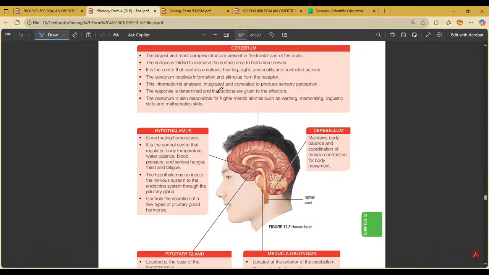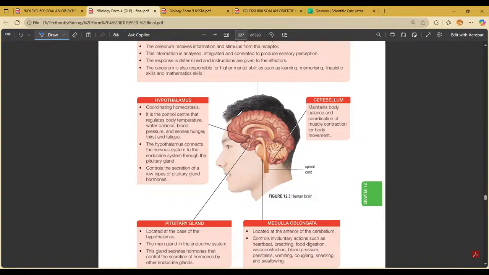The information is analyzed, integrated, and correlated to produce sensory perception. The response is determined and instructions are given to the effectors. The cerebrum is also responsible for higher mental abilities such as learning, memorizing, linguistic skills, and mathematics skills. While the cerebellum maintains coordination and muscle contraction for body movement.